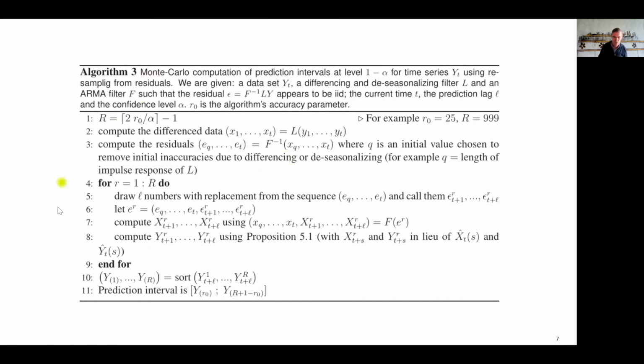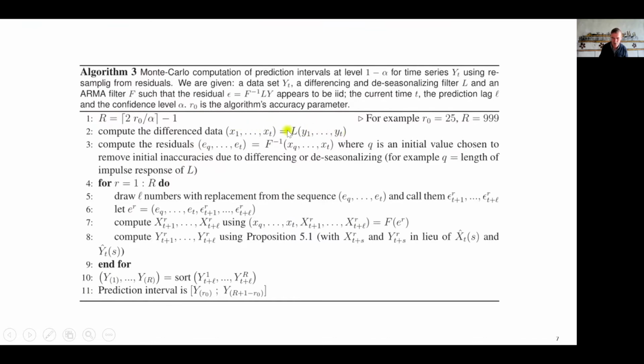An alternative way to forecast my data is to compute as follows. I have my data, I put little y to make it clear that what is in small case is data that I have, and what is in capital is simulated futures. So I have my data, y1 to yT.